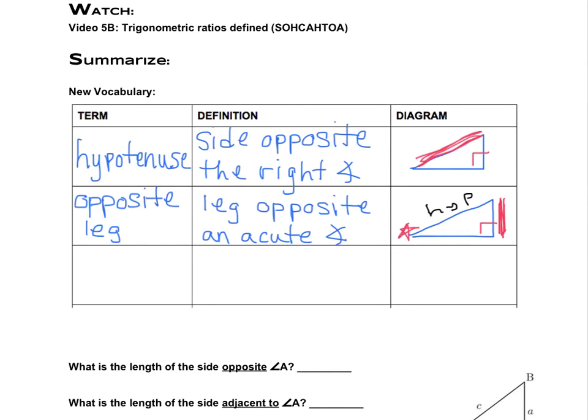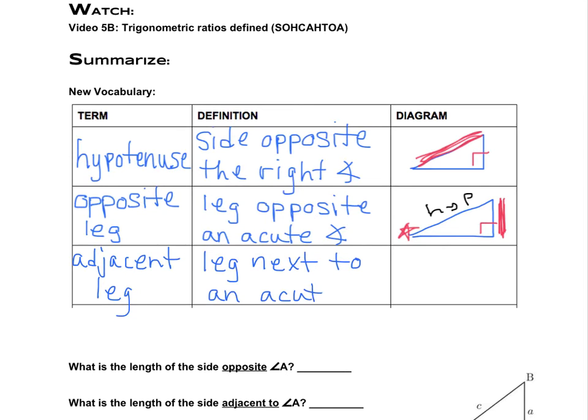And then the last definition I've already mentioned, but it is the adjacent leg. And again, it's going to be a leg, so one of the sides that comes together to form that right angle. But this is the leg that is next to, which is what adjacent means, the acute angle that you're talking about. So here's my diagram.